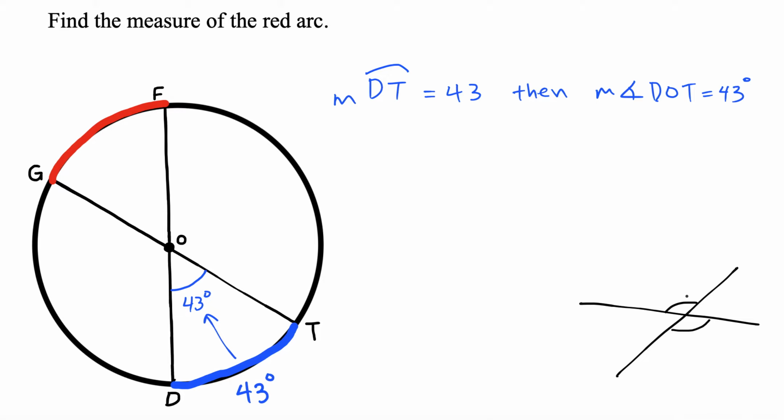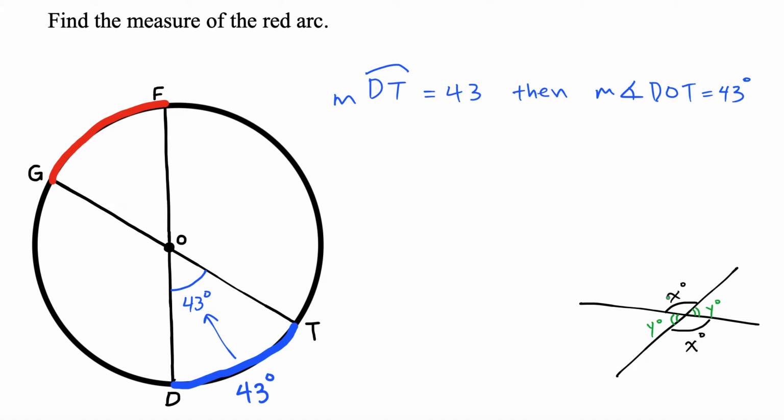So this angle is going to be congruent to this angle, and likewise, these angles, we'll make that y degrees, are always going to be congruent to this angle. As long as the angles are created by two intersecting lines, the angles on the opposite sides, also called the vertical angles, will always be congruent to each other.